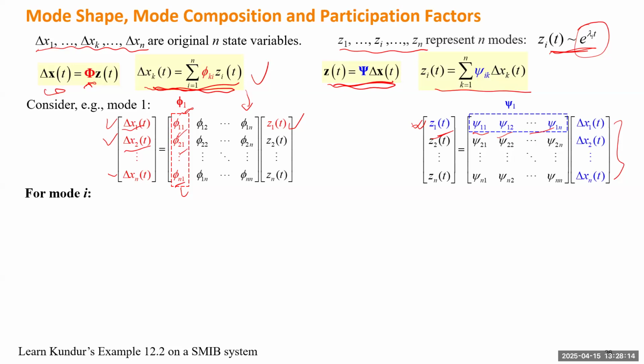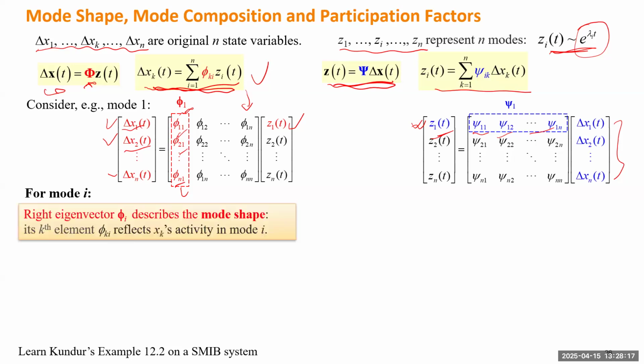We generalize such analysis to any mode, like mode I. We define the right eigenvector phi I as the mode shape. Its k-th element, for example phi ki, tells the activity of xk in mode I. Here I intentionally use index I for the index of mode, but index k as the index of state variable.